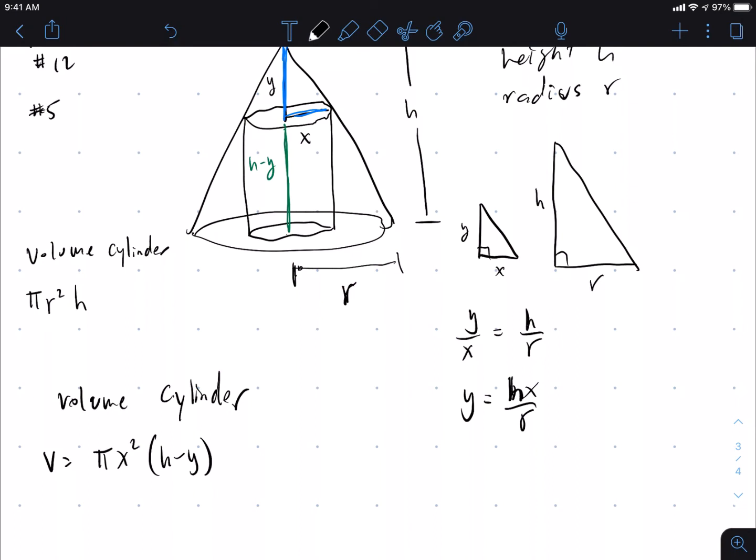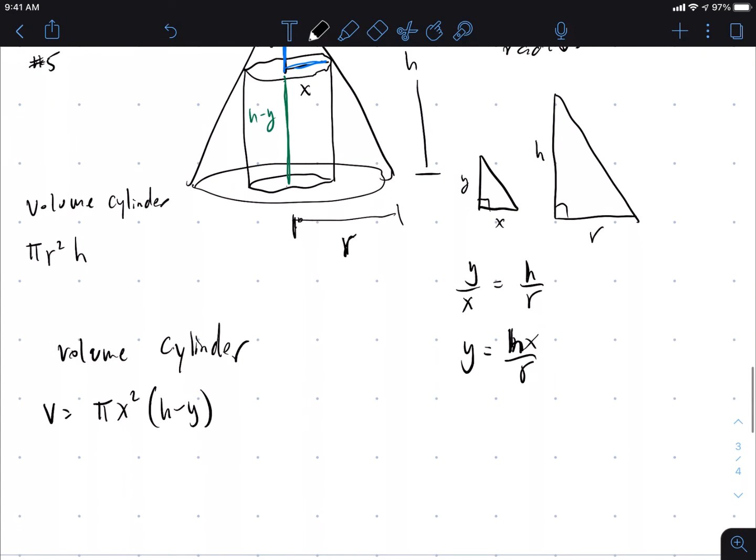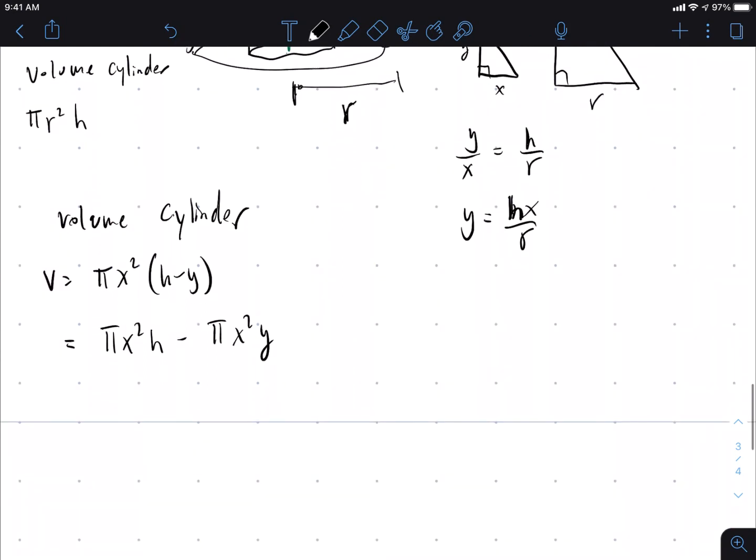So let's see what we can do with that. If I were to distribute this, couldn't I get pi x squared h minus pi x squared y? Yes? Right. But my y I know in terms of x and r.